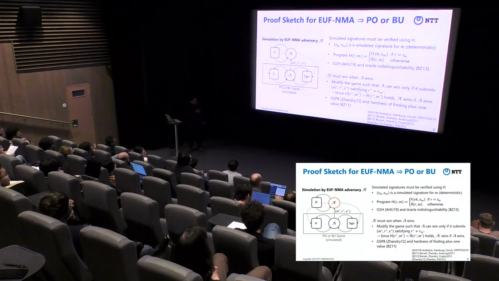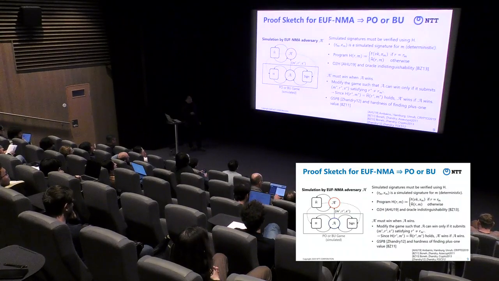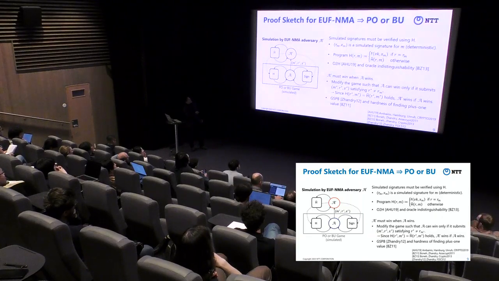And there are two conditions required for the simulation. The first one is that simulated signatures must be verified using the random function accessed by the PO or BU adversary. I would use this notation, R sub M and X sub M. This is a simulated signature for M. And this is actually a deterministic procedure, so the message M defines the signature.